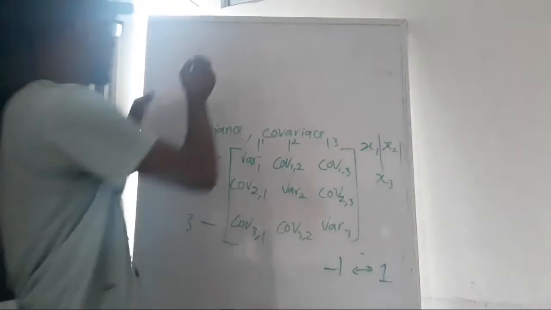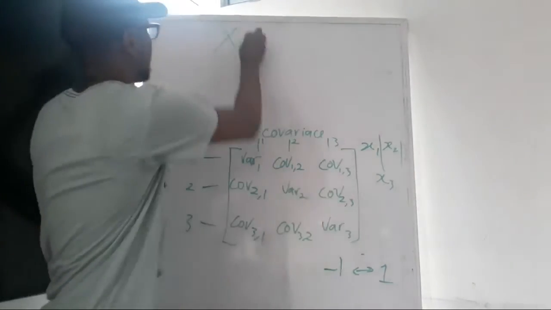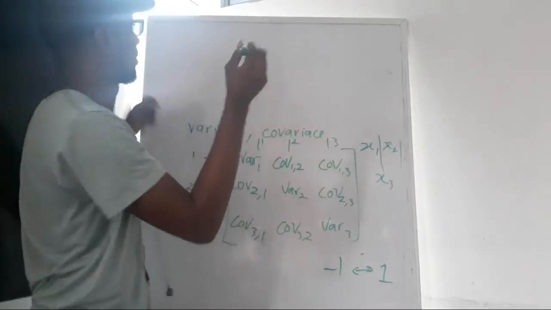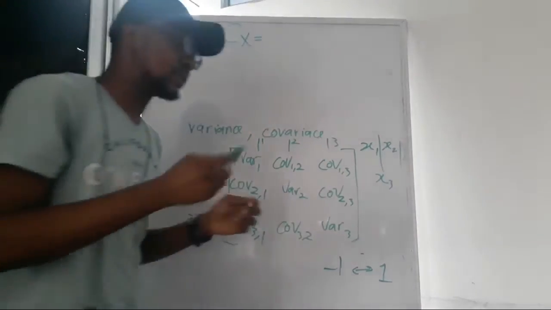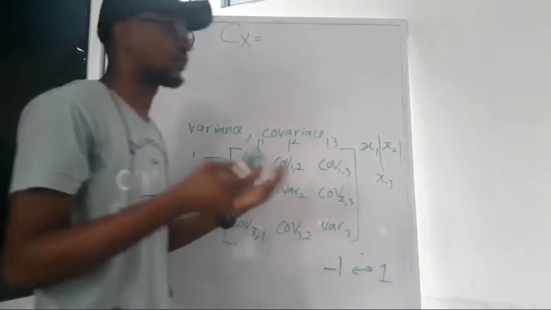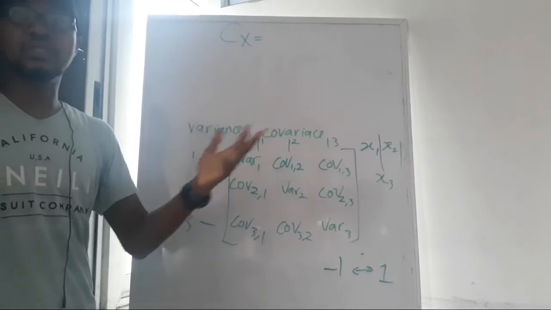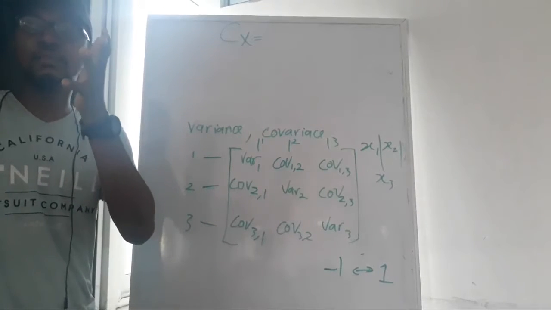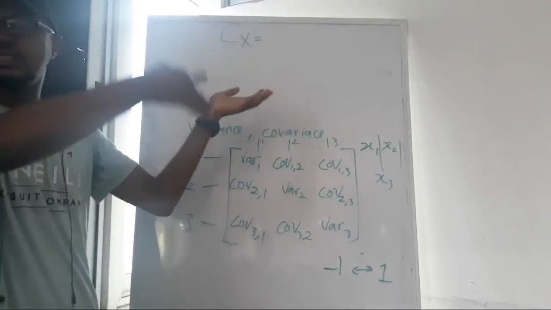Okay, so you have Cx to be what? There's actually a formula to find covariance using a vectorized approach instead of doing a division of everything and then dividing.